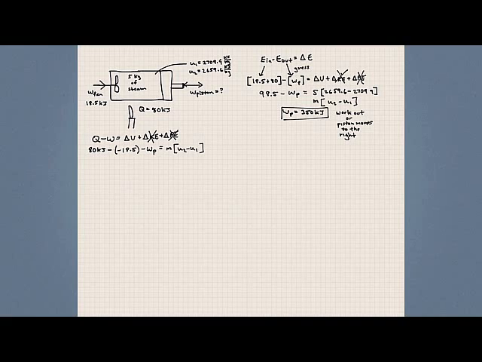All right. So rearranging here, we can show that work from the piston is equal to mass times U1 minus U2 plus 98.5 kilojoules.